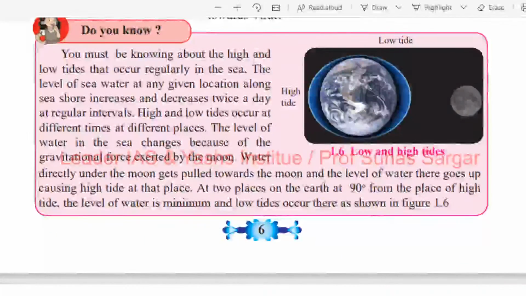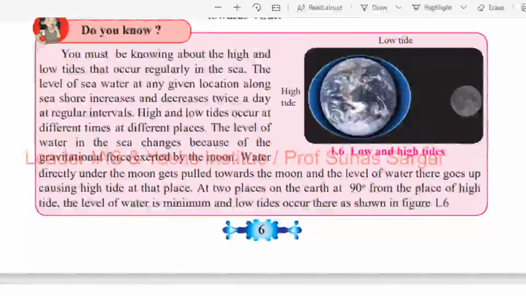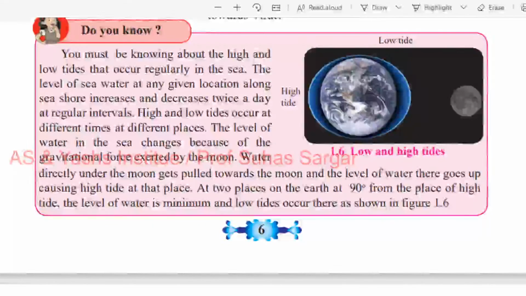So now in a box, do you know? You must be knowing about the high and low tides that occur regularly in the sea. The level of sea water at any given location along the seashore increases and decreases twice a day at regular intervals. High and low tides occur at different times at different places. The level of water in the sea changes because of the gravitational force exerted by the moon.